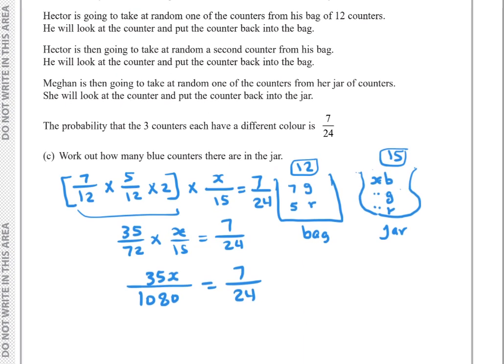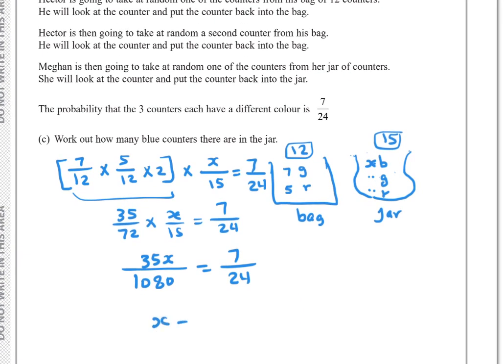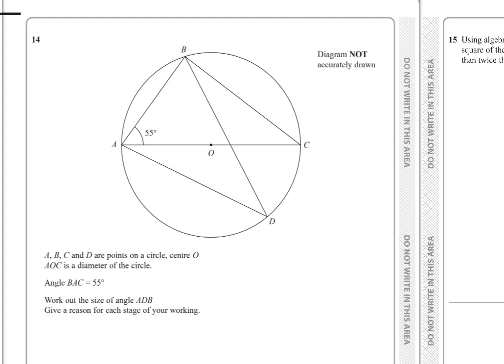Now find x. X equals, transpose 1080 to the other side, multiply. So 7 times 1080 divided by 24, multiplied by 35 equals 9 counters.